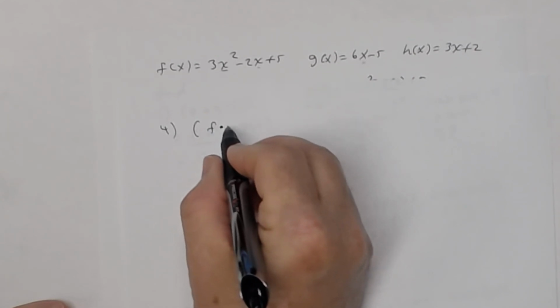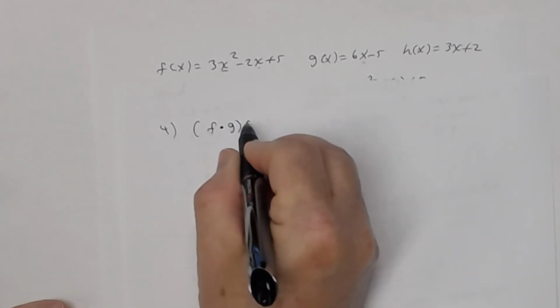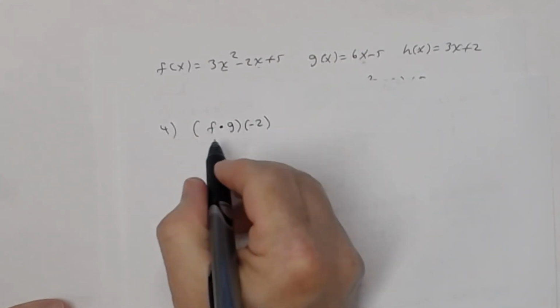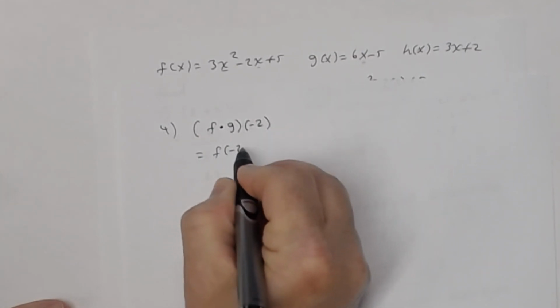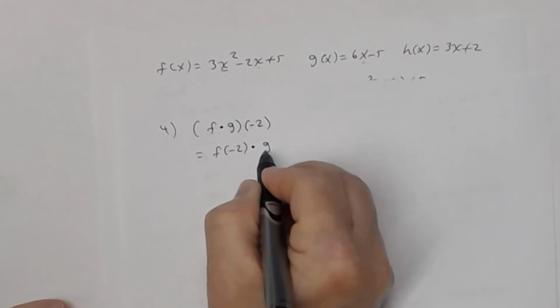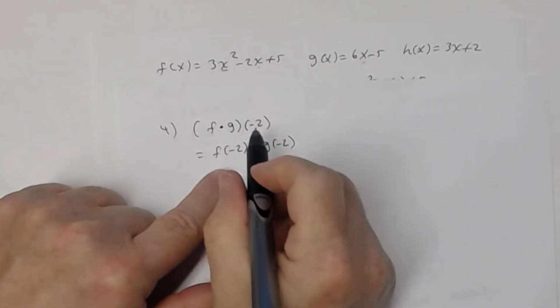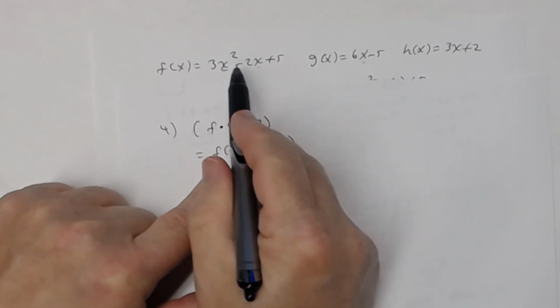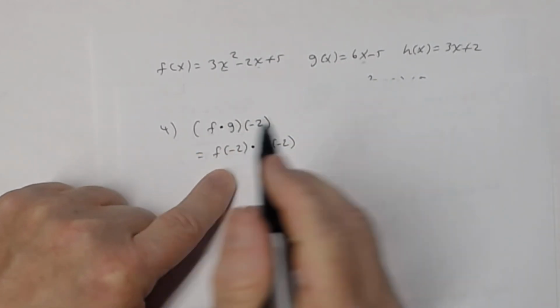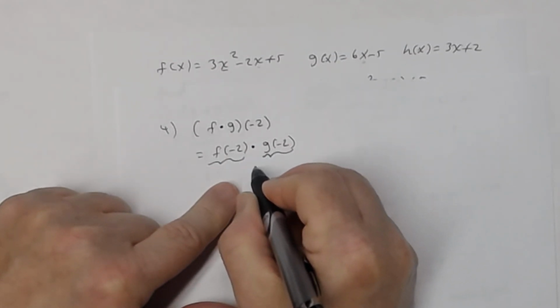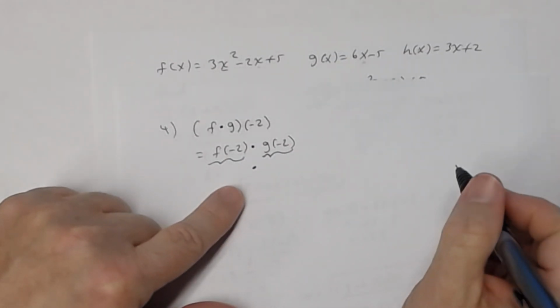By definition, that means f of negative 2 times g of negative 2. So we find f of negative 2, then g of negative 2, and multiply those together.